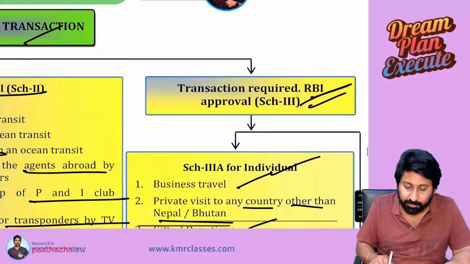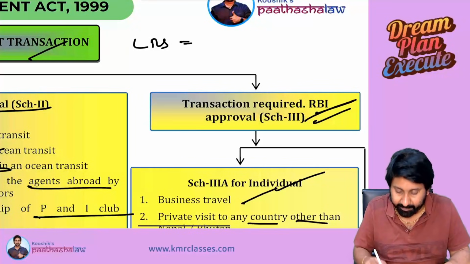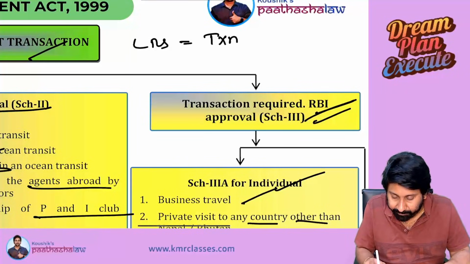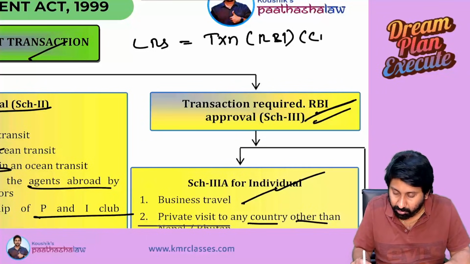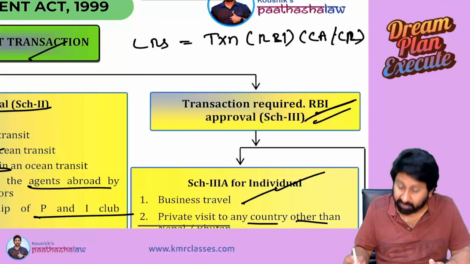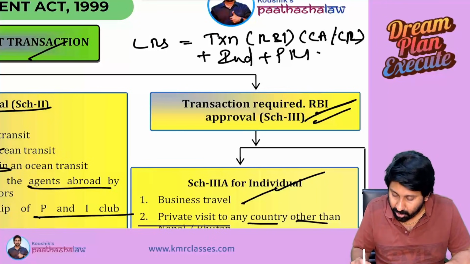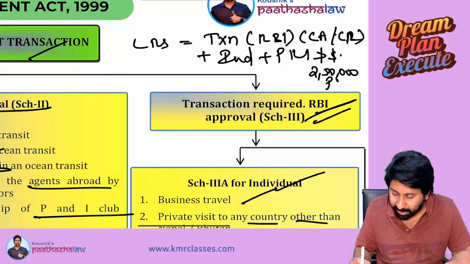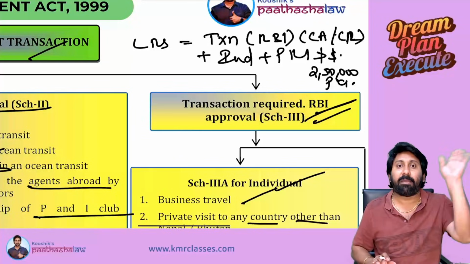There is one concept called the Liberalized Remittance Scheme. Do you know what this says? See, any transaction requiring approval of RBI means either a capital account or current account transaction. Any transaction requiring RBI approval made by an individual who is a PRI, not exceeding $250,000 per annum, including his family members, up to this level, RBI permission is not required.